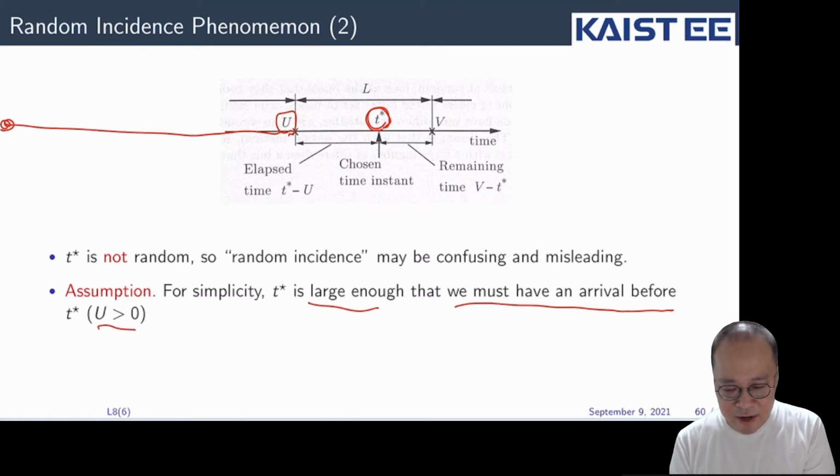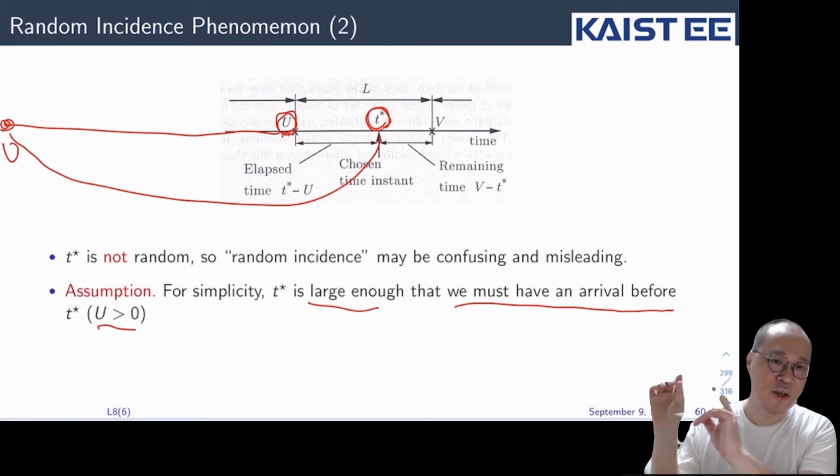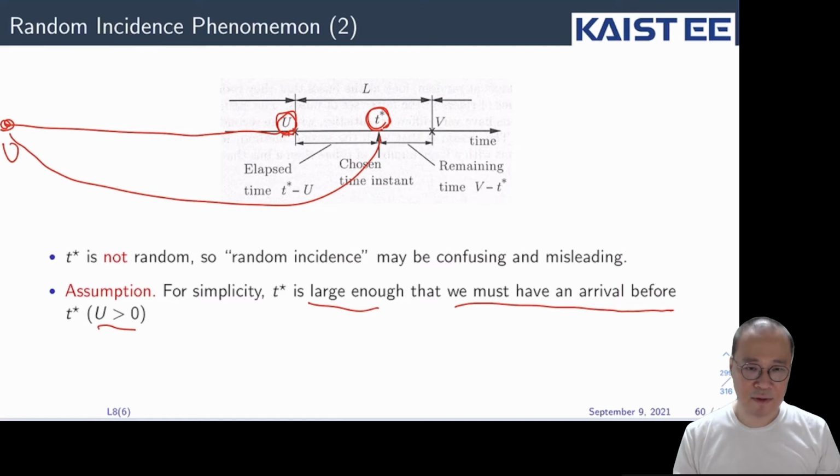It's possible that there are no arrivals up to this period, so U can be 0, like U can be here. But we assume U is positive, which means we must have a previous arrival, because if U is 0, mathematically it's tricky. So U is positive in order to simplify our discussion.